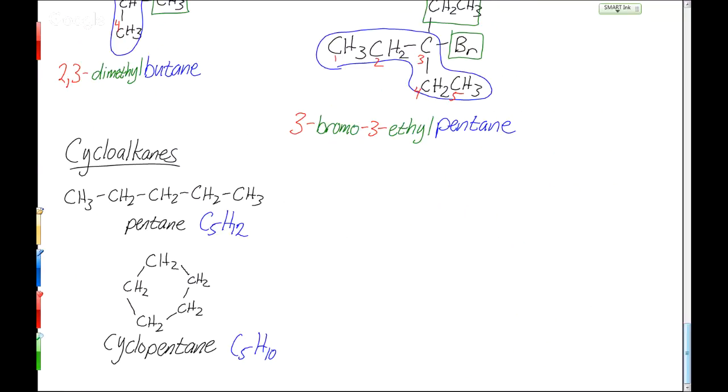Could there be a cycloethane? If you had 2 carbons, can you make a ring? You can't really, right? So it's got to be propane. Yeah, cyclopropane is the smallest one.